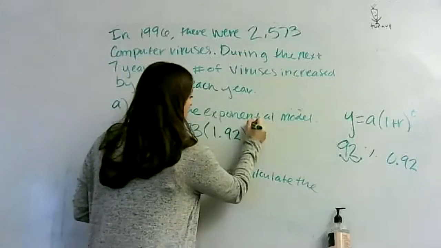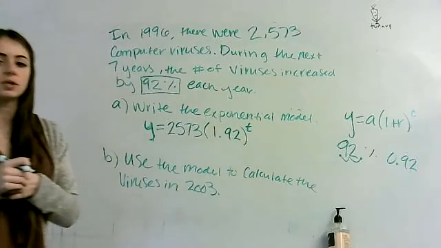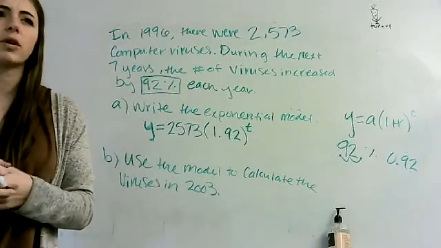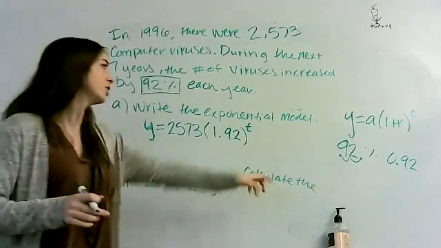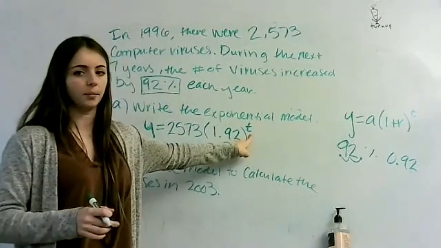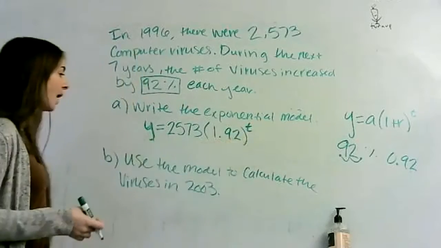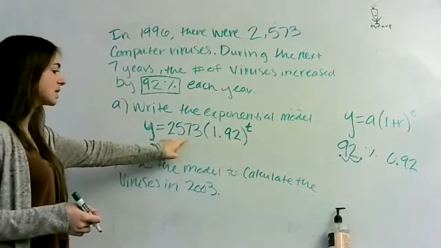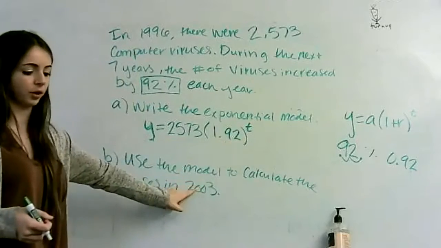So I'm going to input a t so that anyone that comes in later on can use this model to figure out, well, what if we want to know what's going to happen in 2050? How many viruses are we going to have then? They can use this model to figure that out, but they can't if I put in a time for them. So here's your model.